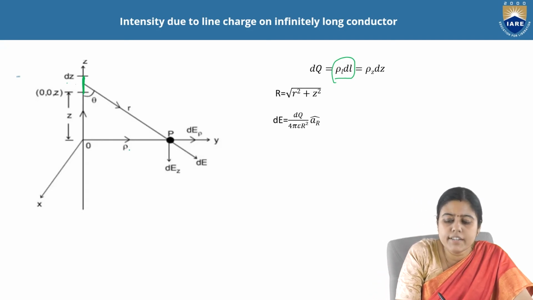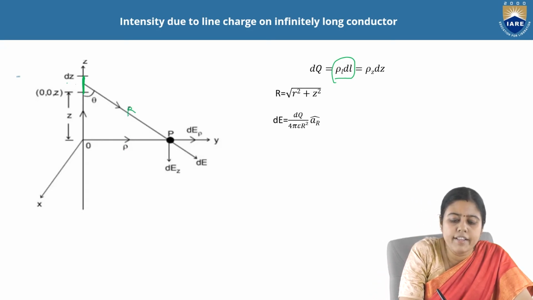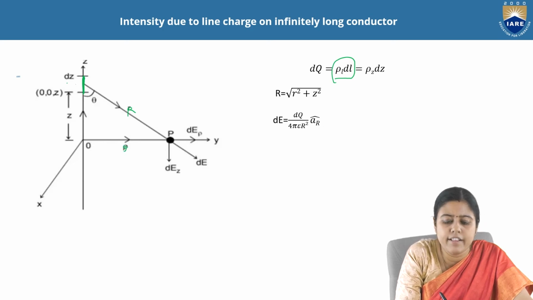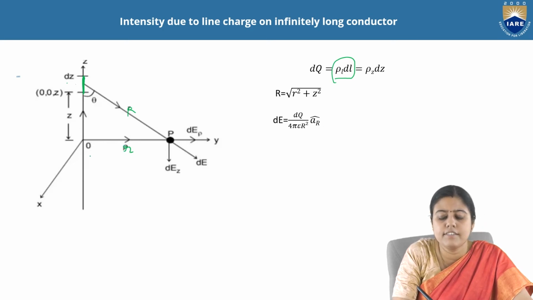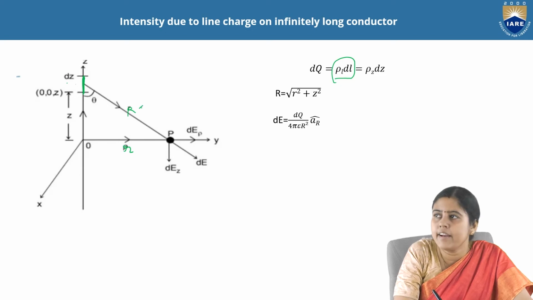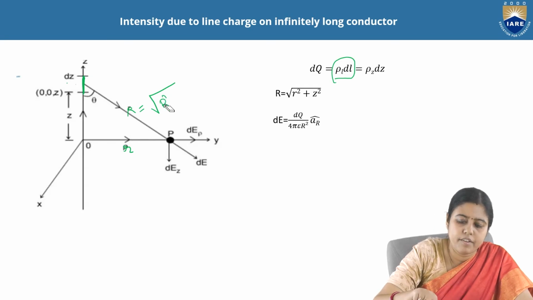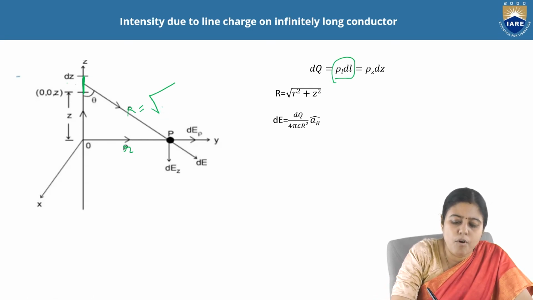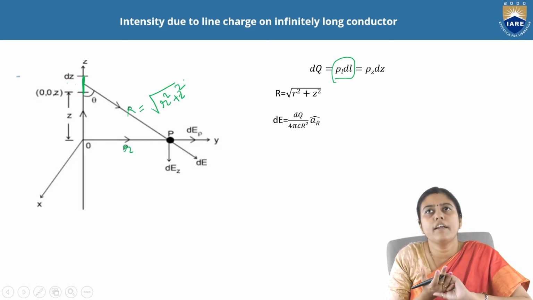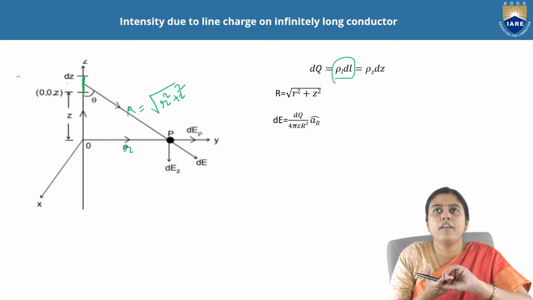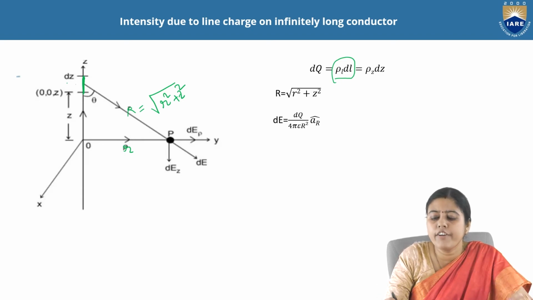Now what is capital R? If the length is capital R, this distance is small r and this distance is z, so we can write that capital R is equal to root of r squared plus z squared. So already we got the R value. So what is the electric field? We have discussed in the previous slides.